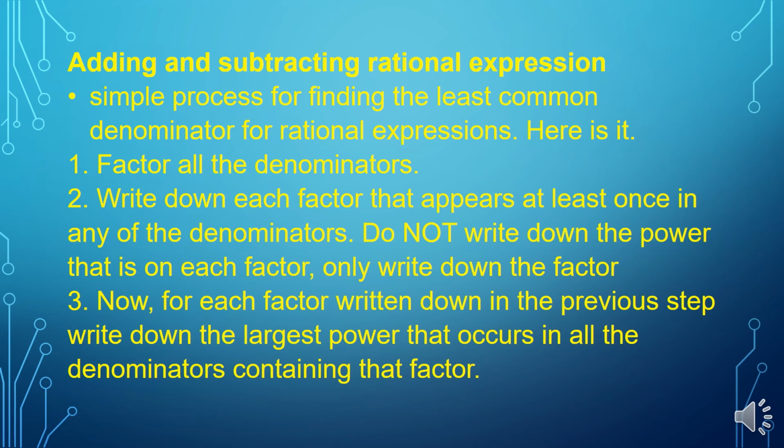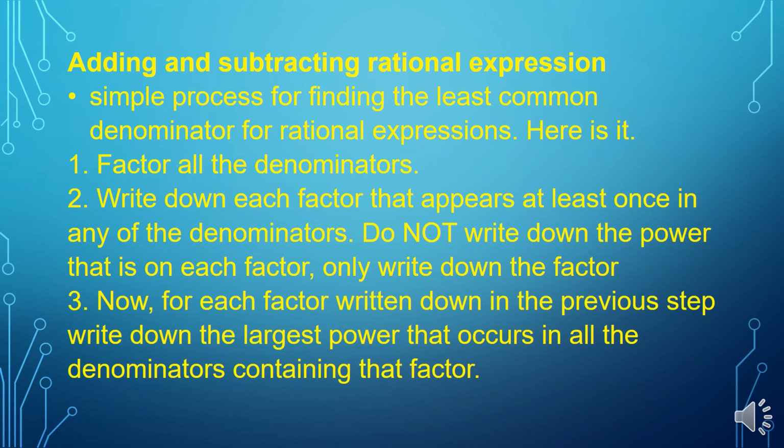So next is adding and subtracting rational expressions. Here is the simple process for finding the least common denominator for rational expressions. First, we have to factor all the denominators. Second, write down each factor that appears at least once in any of the denominators. Do not write down the power on each factor, only write down the factor.